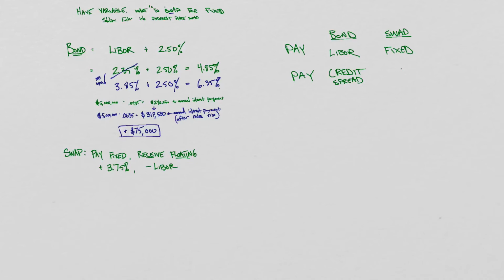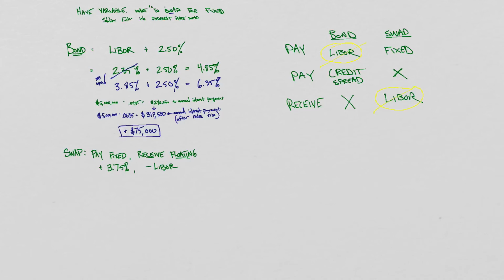So putting numbers to this, if we look here at the original interest rate, what interest rates were at the beginning, 2.35%, and that's what LIBOR was at the beginning, 2.35%, and our credit spread was that 2.5%, and then that's all we pay, and we don't receive anything from the bond.